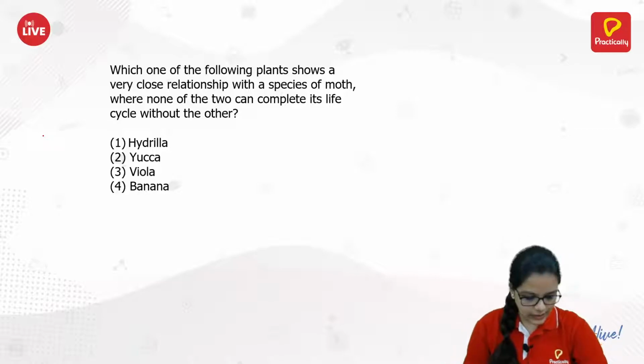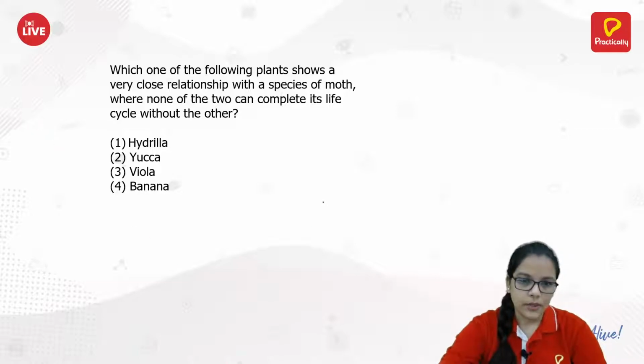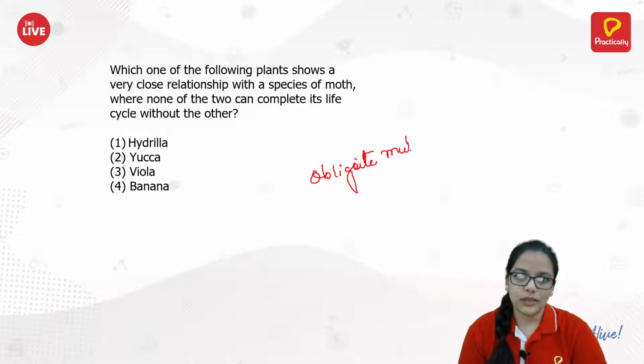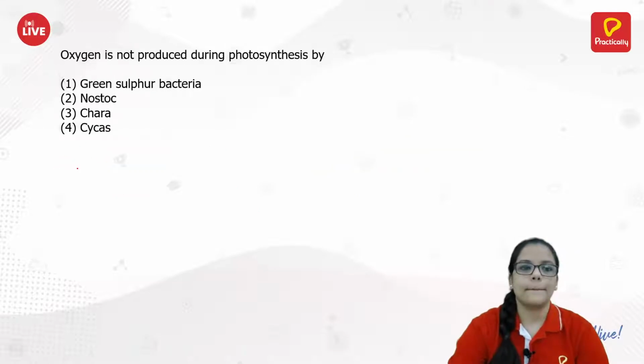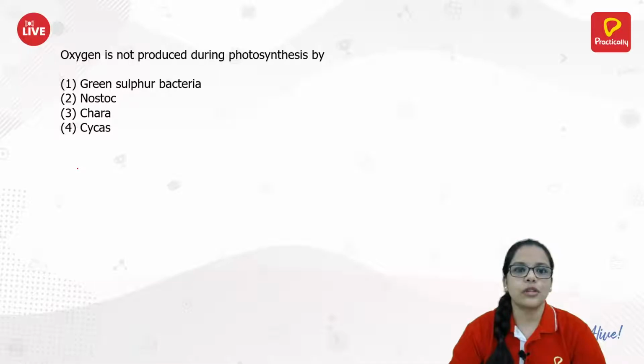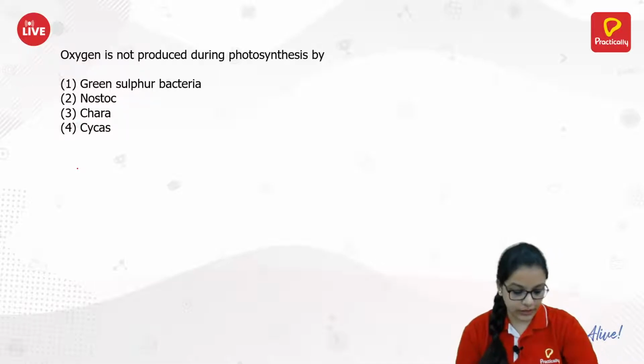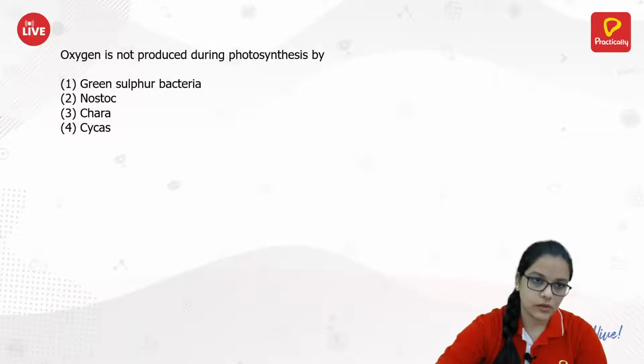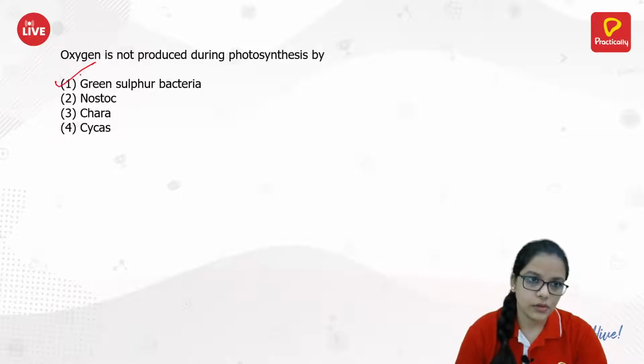This is a kind of obligate mutualism, and it happens with yucca. Oxygen is not produced during photosynthesis by green sulfur bacteria.